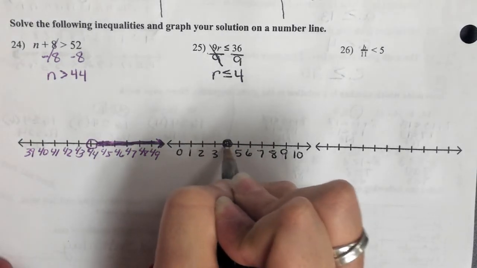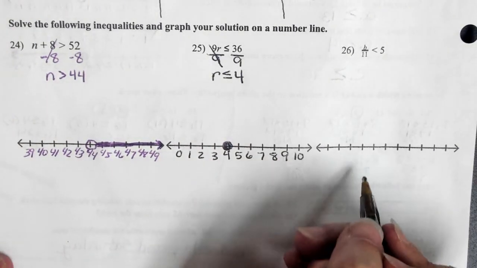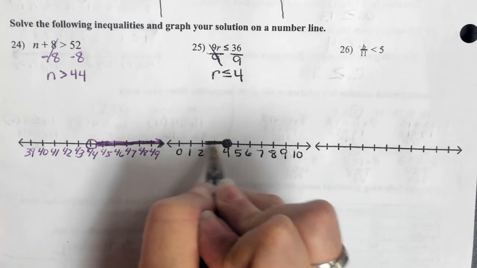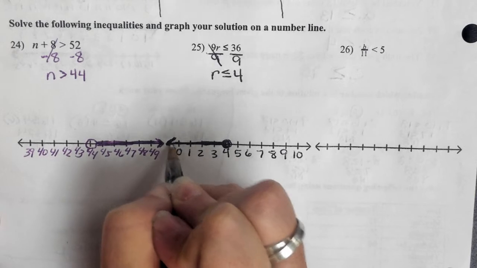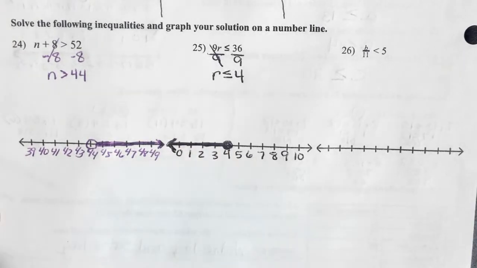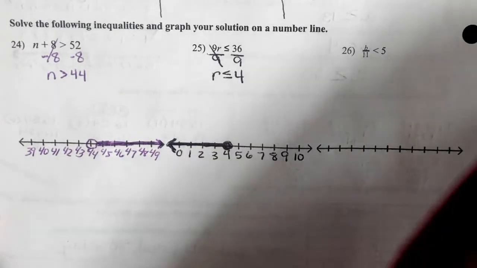Closed circle. And if r is less than or equal to 4, I've got to go this way. And the only reason I changed pen colors is so you could see the difference in each graph, each number line.